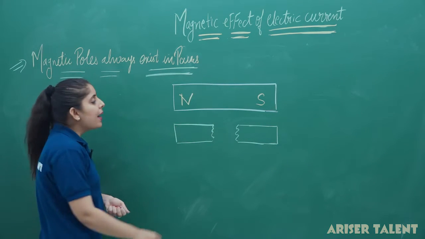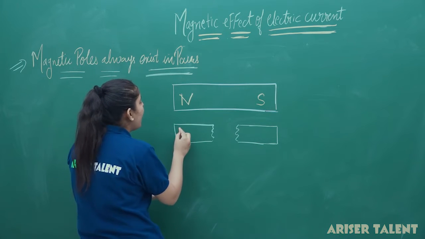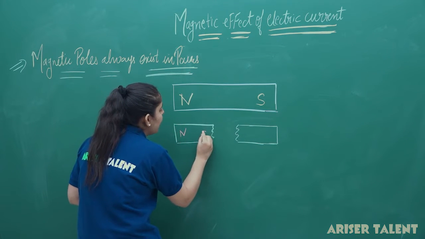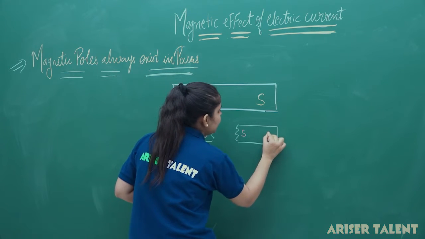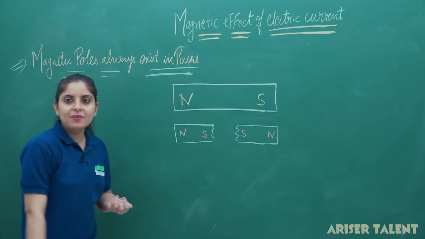In those two parts of the magnet, again I will get the two poles, that is north and south, and again S and N. So these are the parts I will get here.